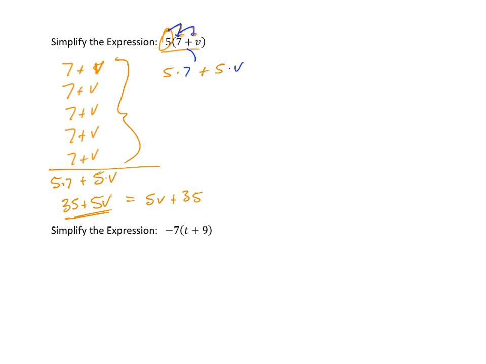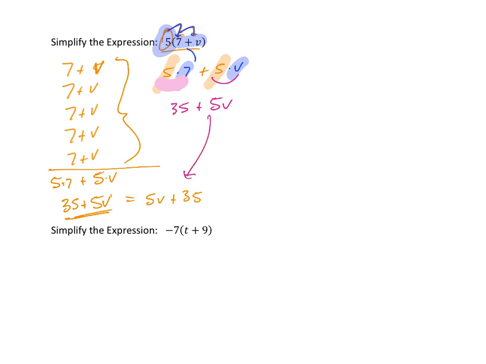And we talked about this being Mama, right? And these being the babies. And here you see the babies in the house, and there's Mama, right? And then we would simplify this to be 5 times 7 is 35, and 5 times v is just 5v, which simplifies to be this.